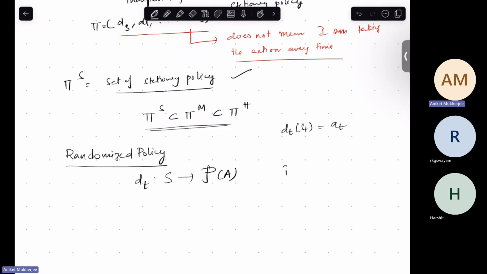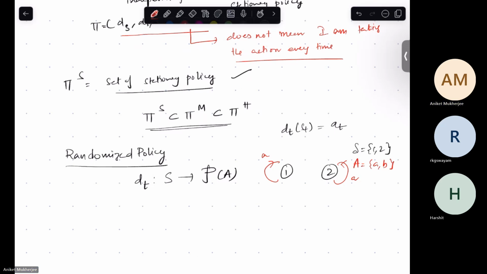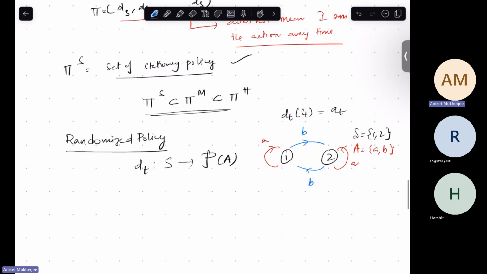So S equal to the states one, two. You have two actions, A comma B. If you take action A, you're at the same state. If you take action B, then you switch.